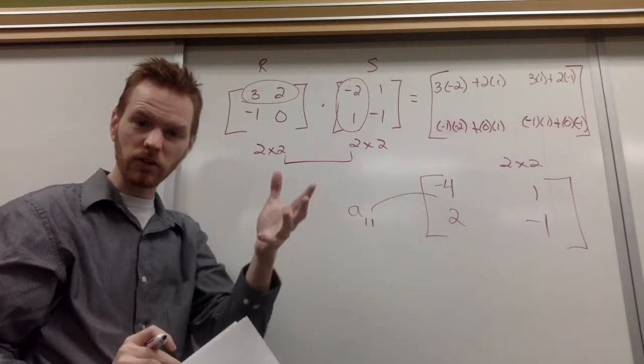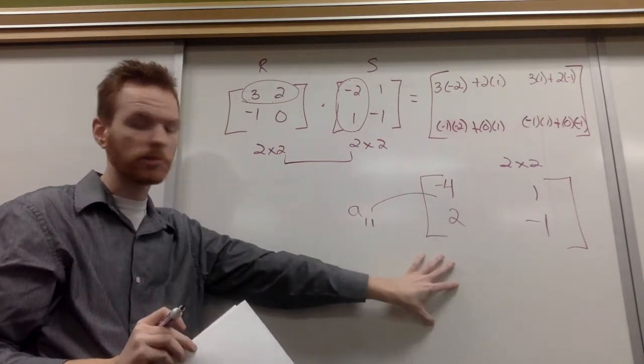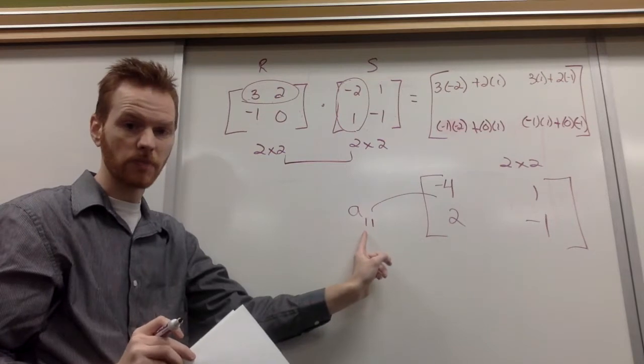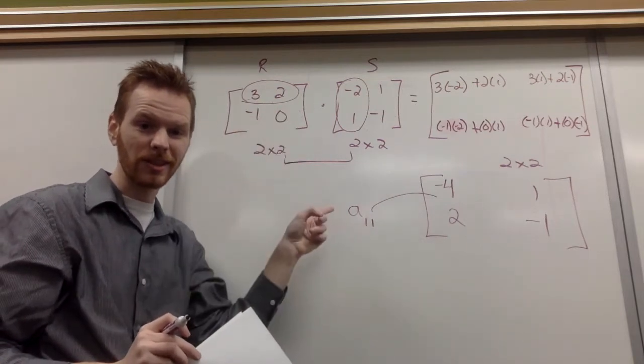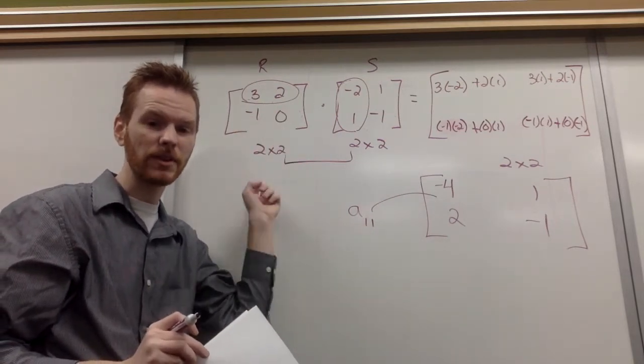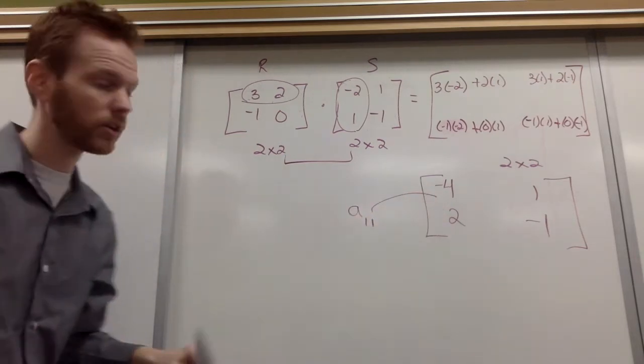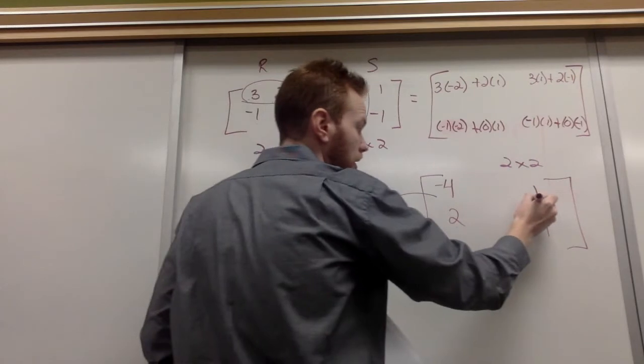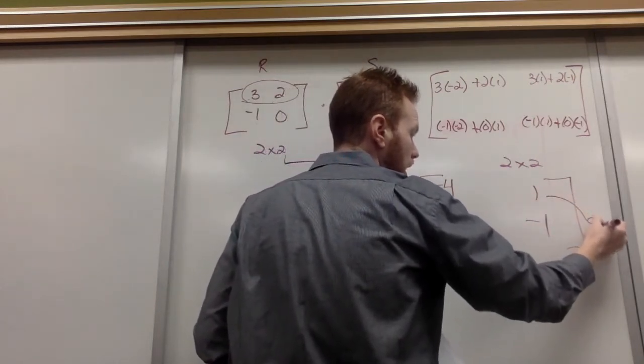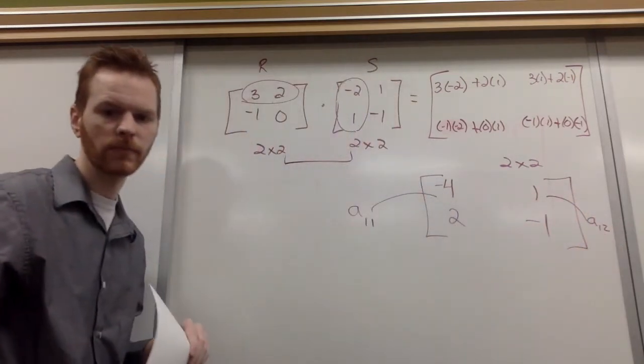So do you see that in the new matrix, when we're done multiplying, that position represents the elements of this guy and this guy that I used to get to this? Let's look at another one. This guy right here is in the A12 position, right?